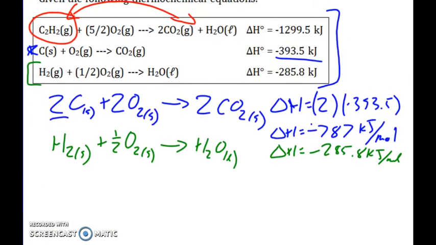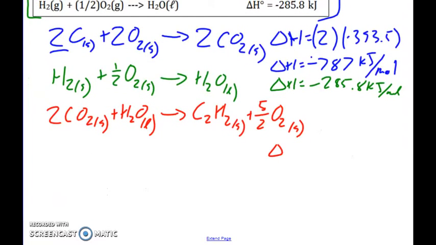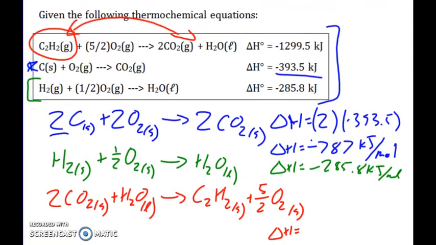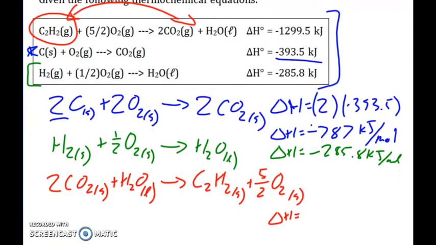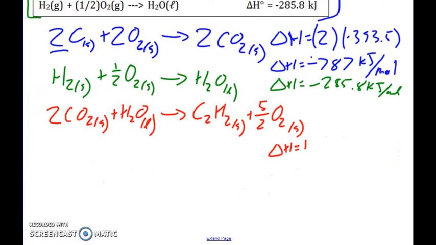So what we'll end up with is 2 CO2 gas plus H2O liquid turns into C2H2 gas plus 5/2 O2. And our enthalpy is not negative because we've reversed it, therefore it needs to be positive, so plus 1299.